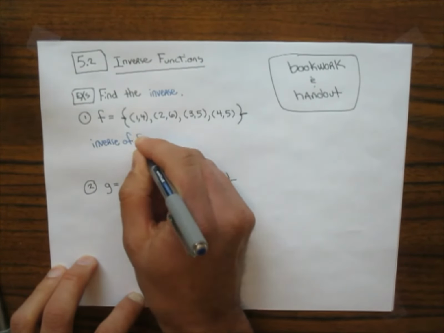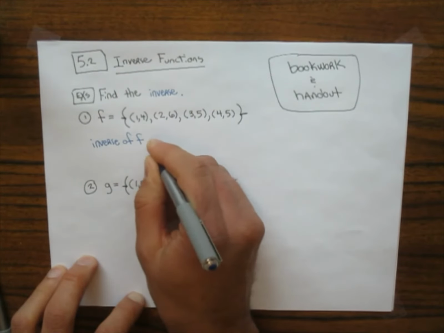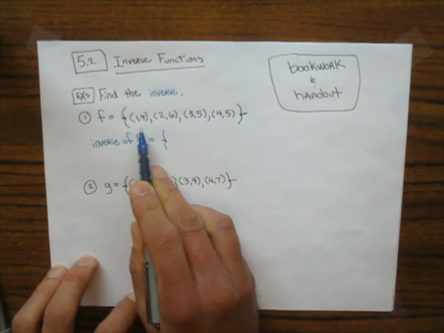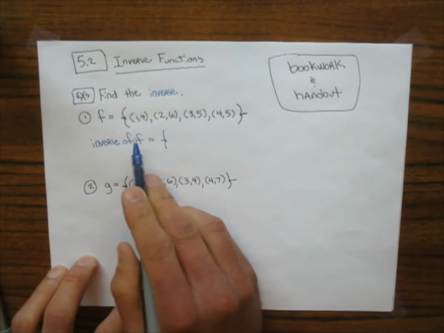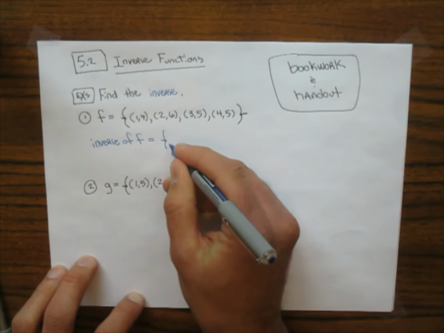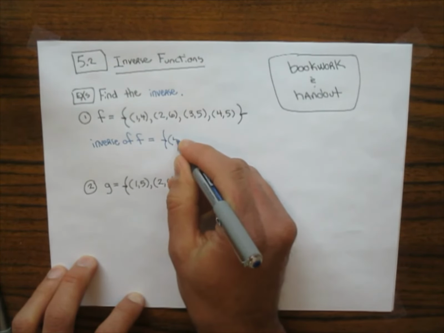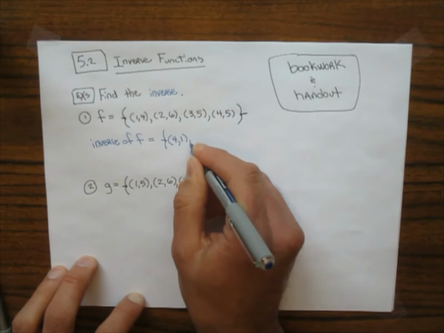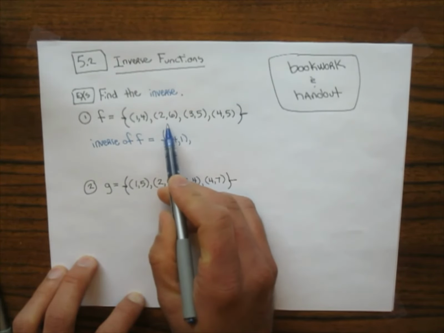The inverse of f equals, it's gotten by switching the input and output pairs. So where 1 is the input and 4 is the output, the inverse says 4 is the input and 1 is the output. So you just switch those coordinates.